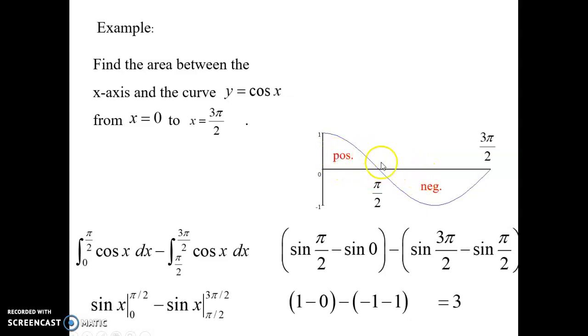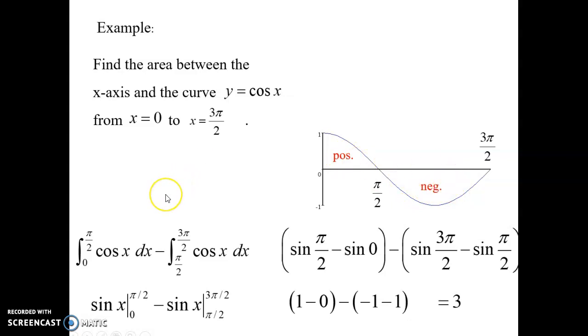Now this was positive 1. This down here would be, if I go halfway across, negative 1. And then over here would be another negative 1 because of the symmetry of the cosine curve. So this would be 1, negative 1, negative 1, and you could see that that would give us 3 units.